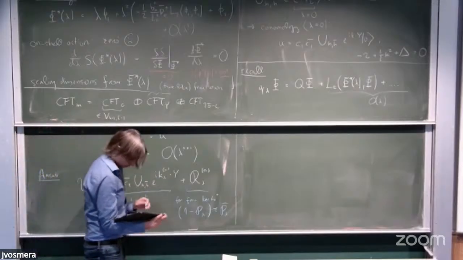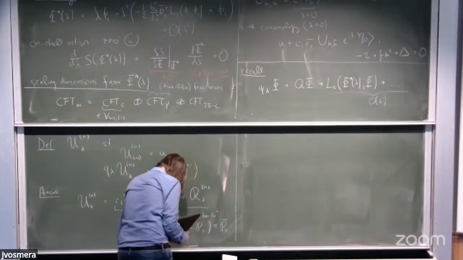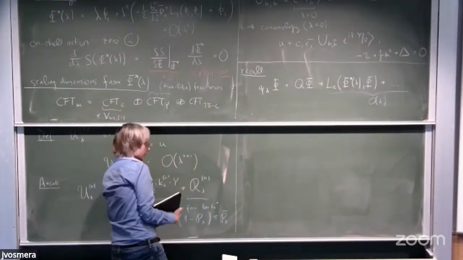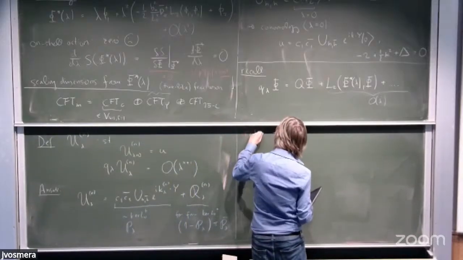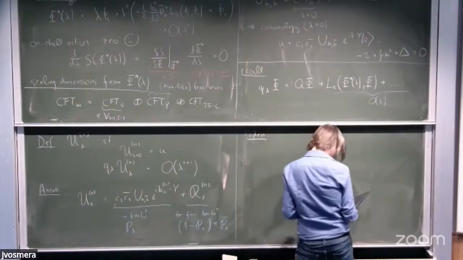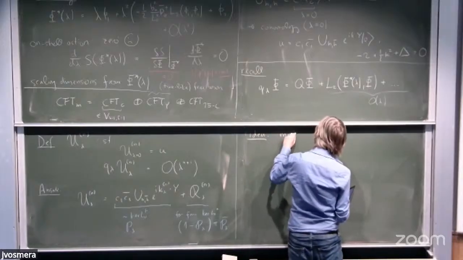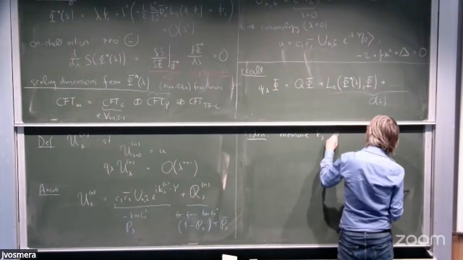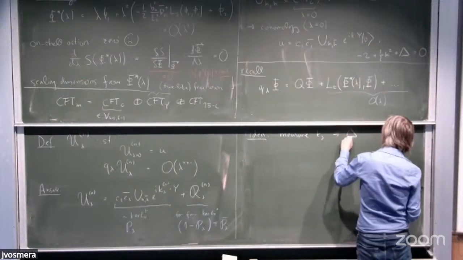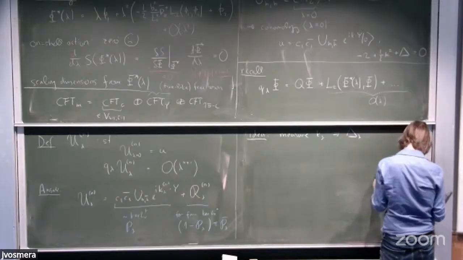So then the idea is that by measuring the scale lambda, we should be able to get the corresponding deformed scaling dimension delta lambda.